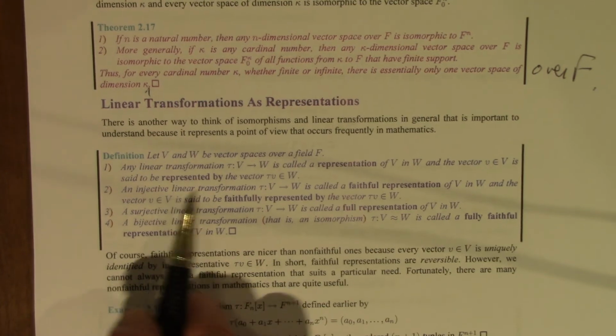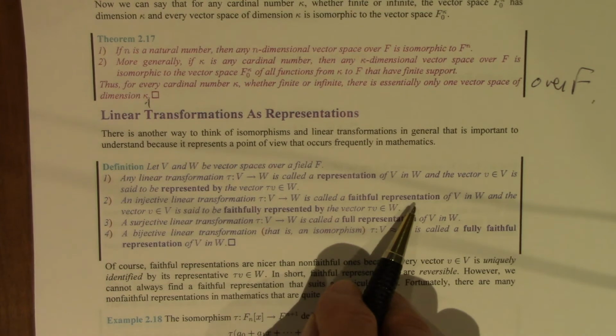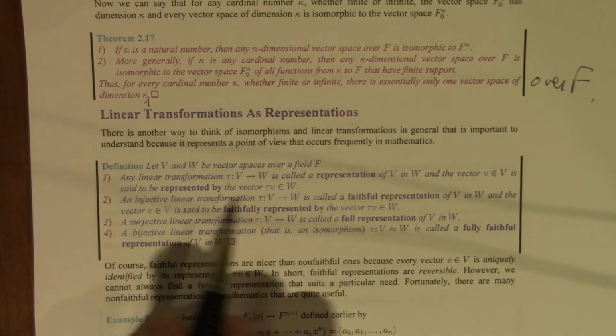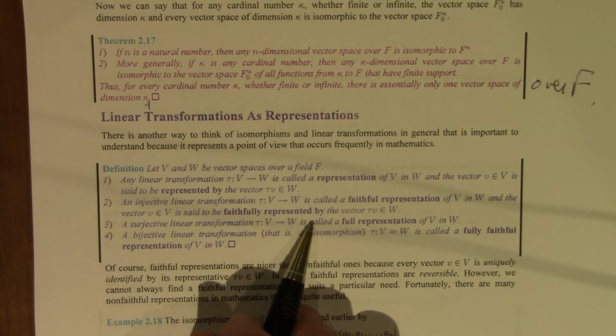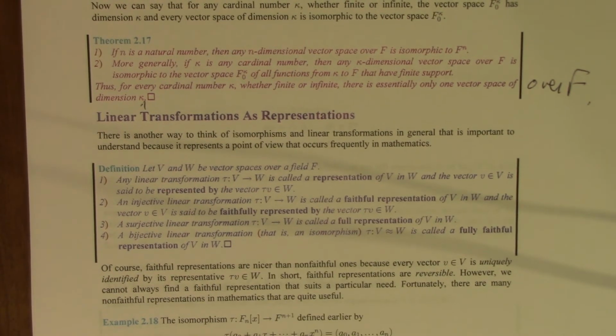An injective linear transformation is called a faithful representation, and each vector is said to be faithfully represented by its image. Faithful is a reasonably good word because injective linear transformations are reversible.